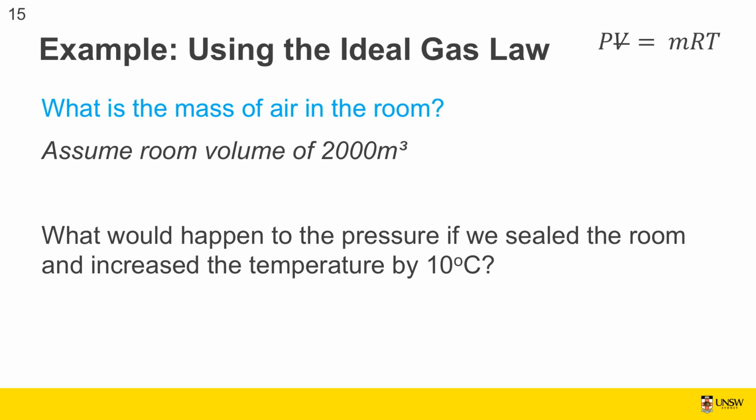So anyone want to guess how much mass is in 2,000 meters cubed? What's the density of air? Sing it out so I can hear it. I've got a boiling kettle close to me.